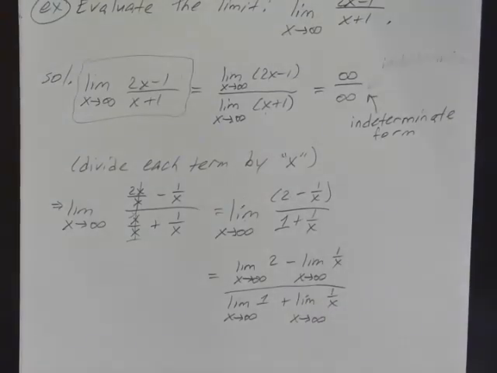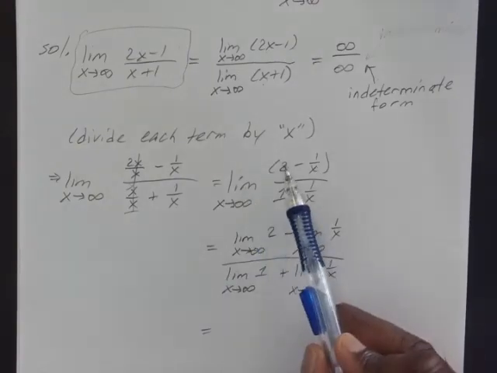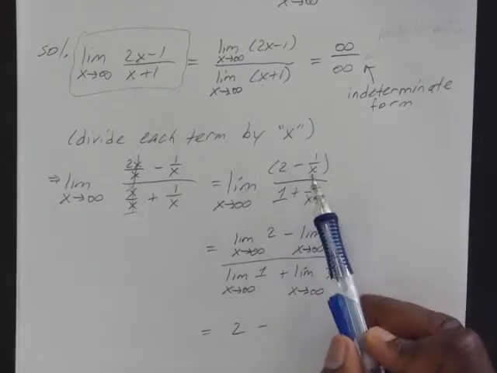Okay. So again, I wrote it out, but you can go from this step to the next one. And once you get comfortable, skip that one. Because you can just say the limit of 2 is just 2, minus the limit of 1 over x.